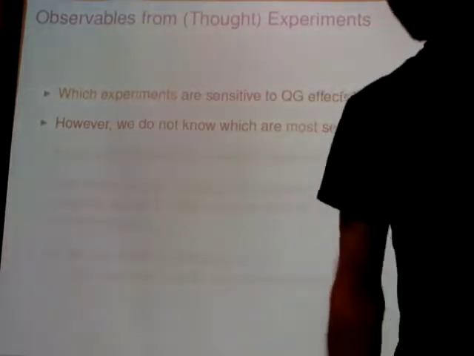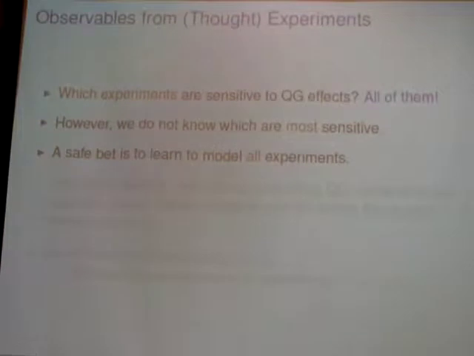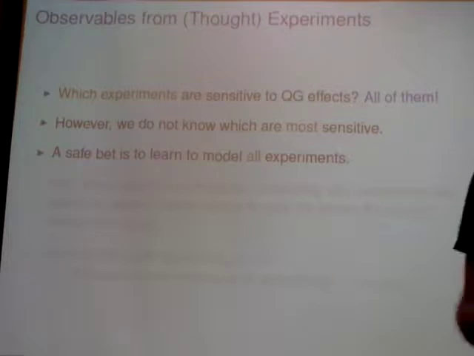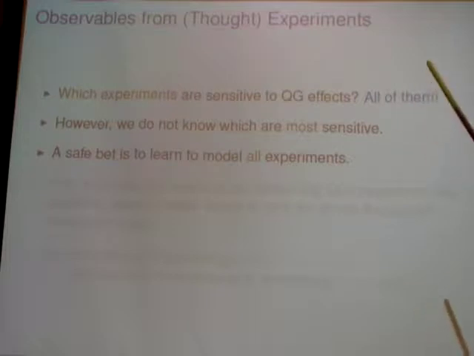But if we look in the early universe, maybe there is something that we have a hope of seeing with cosmological experiments. However, the state of the art of dealing with observables is a bit dismal. So let's not get too ambitious, and let's just learn how to model as many experiments as possible. And then among those, try to look for the ones that may be most sensitive to quantum gravitational effects.